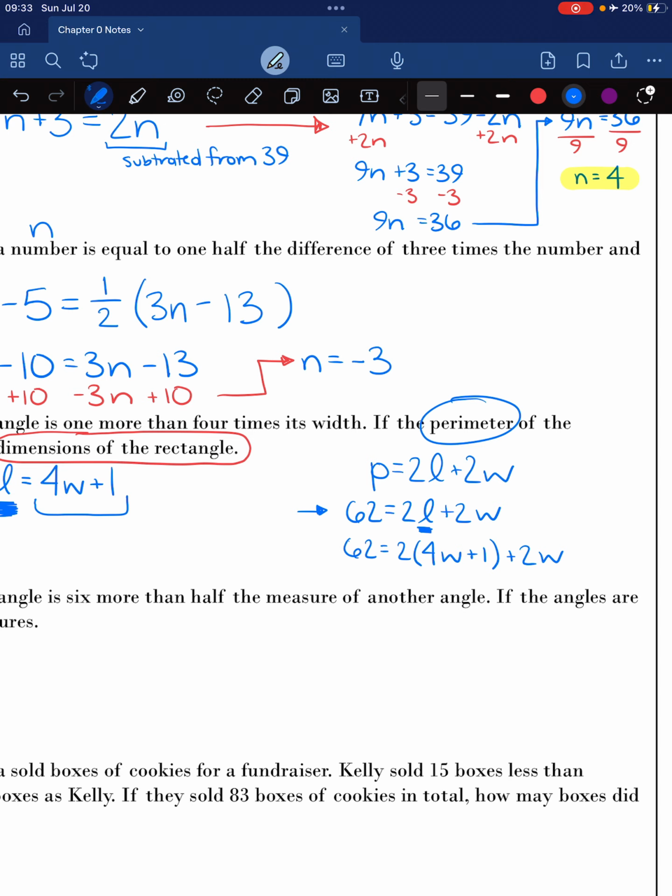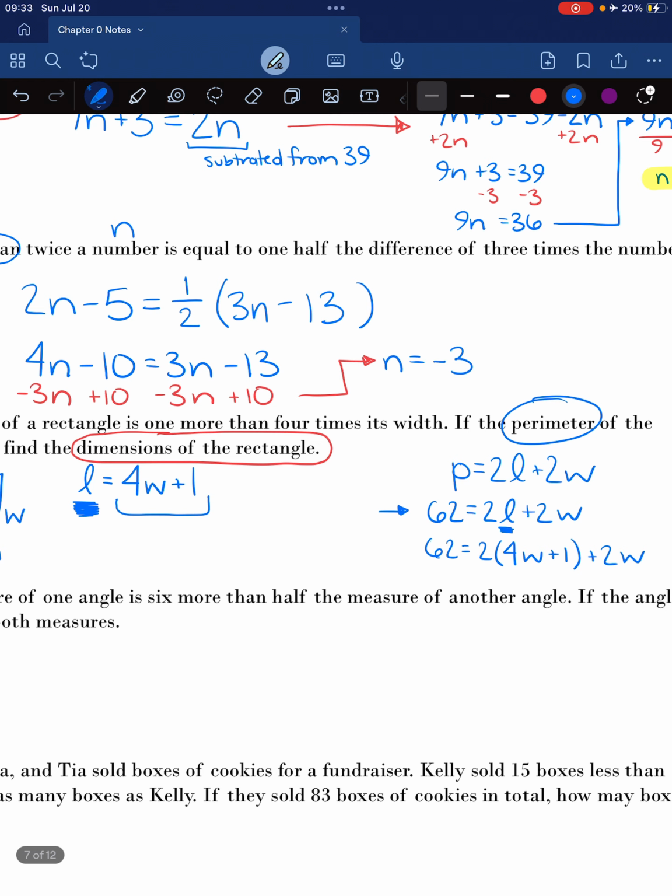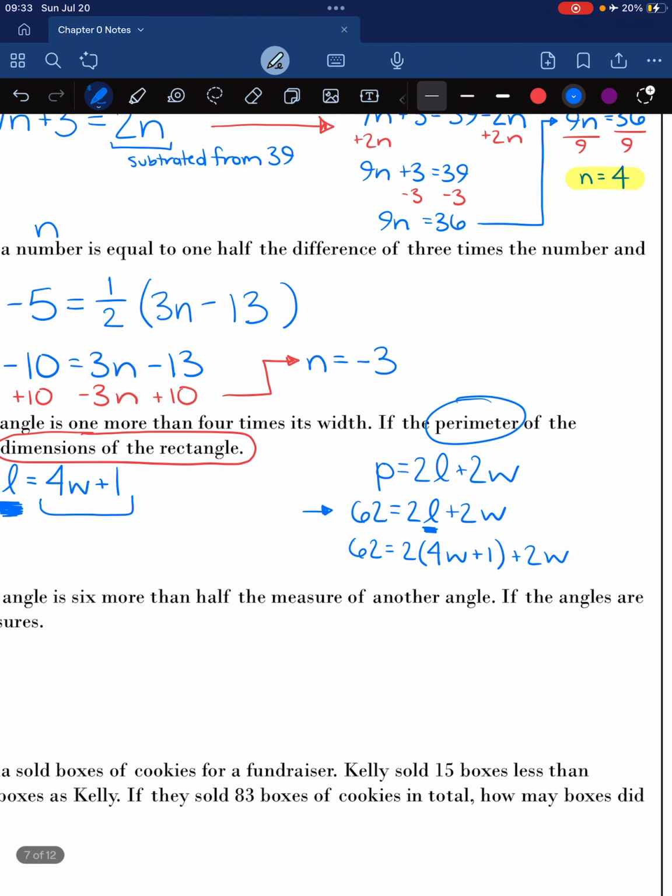And now it becomes exactly like a problem from yesterday. And that's the nice thing. If you practice just setting up the word problem and being careful to remember what the question was, as soon as you set it up, you can pretend like it's not a word problem at all. You can just solve it like a normal equation.